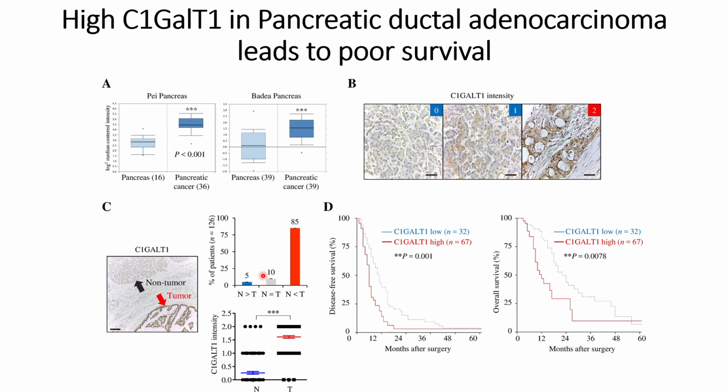In around 10% of samples, the C1GalT1 expressions in the tumor and non-tumor tissues are almost the same, and in 5% of samples, non-tumor tissues have higher expression of C1GalT1 compared to the tumor tissues.